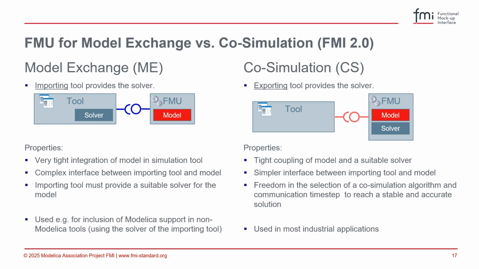In Model Exchange, the FMU contains only the model equations, not the numerical solver, which then at simulation is taken from the importing tool. In Co-Simulation, the model and a suitable solver are encapsulated within the FMU.